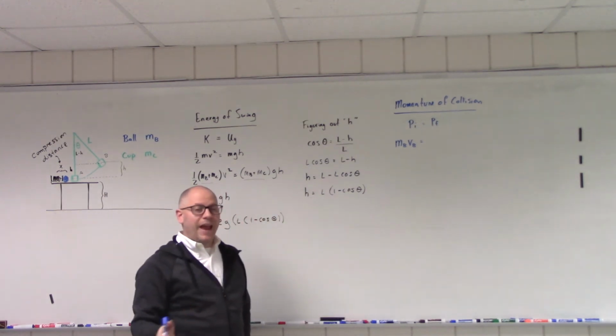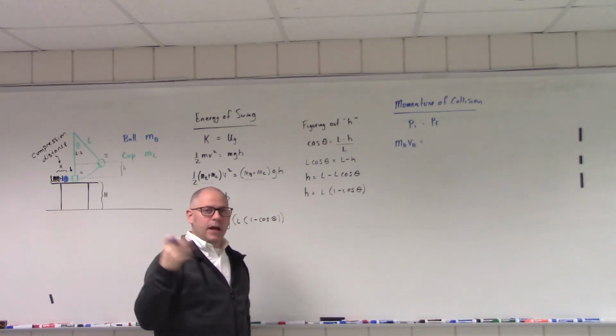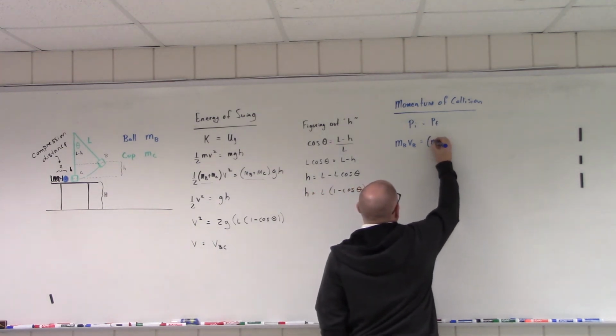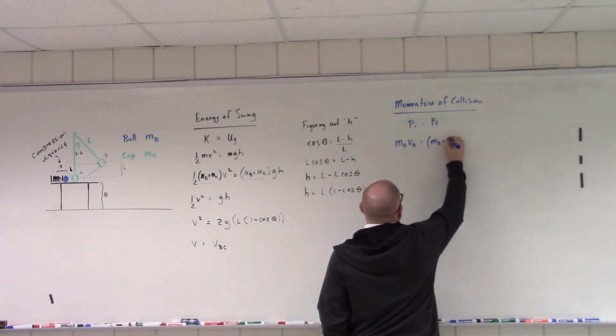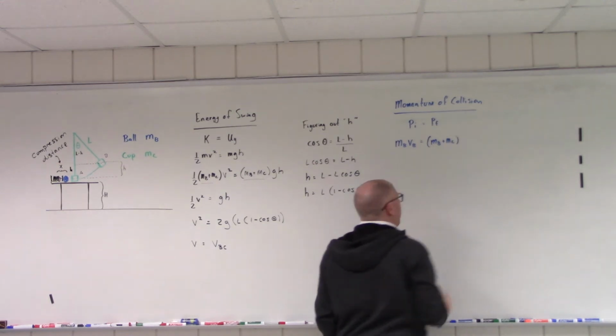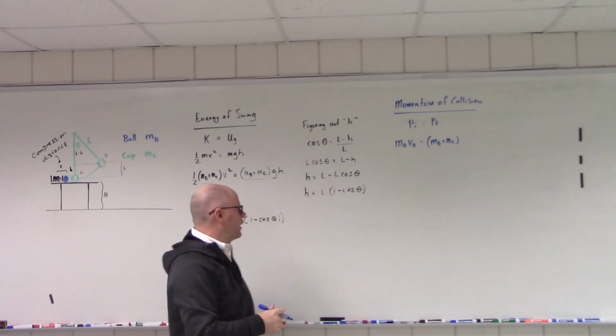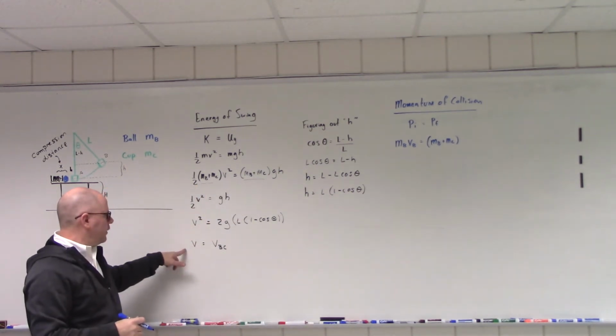the collision. After the collision, the ball has hit the cup and coupled and they swing together. So the mass is the mass of the ball plus the mass of the cup, and then what's their combined velocity? Well, it's what we solve for down here.